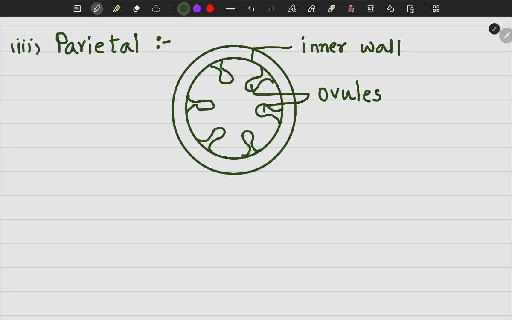And these are the ovules. All right, and this kind of ovary is usually one chambered. There's no septum inside the ovary, but a false septum develops, which is called a replum.